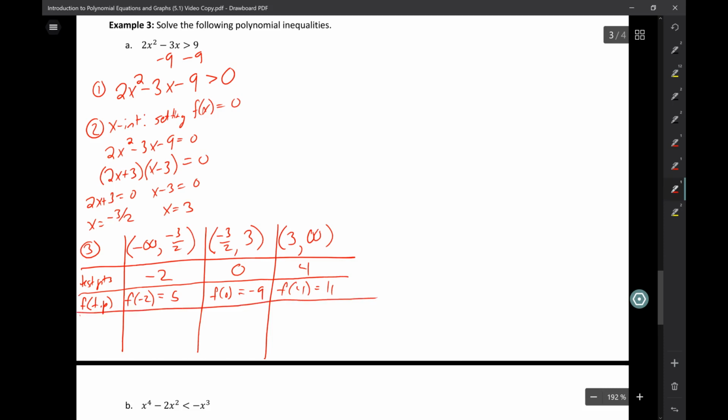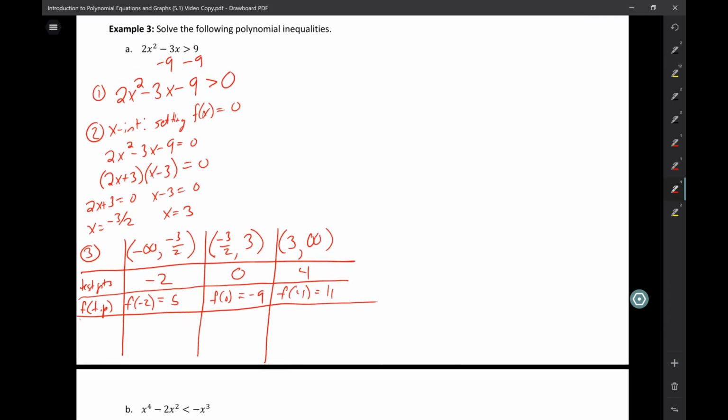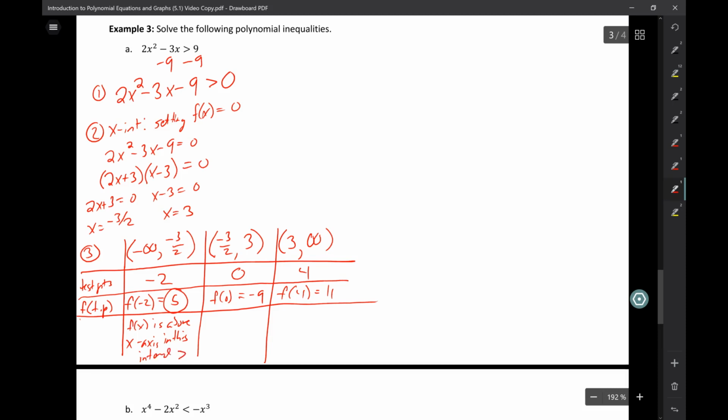Now in this case, we're not interested in graphing the equation or inequality. We're just interested in finding the solution to the inequality in interval notation. Therefore, since when we evaluated the function at the test point of negative 2 it was positive, we know that f of x is above the x-axis in this interval, which means it's greater than 0.